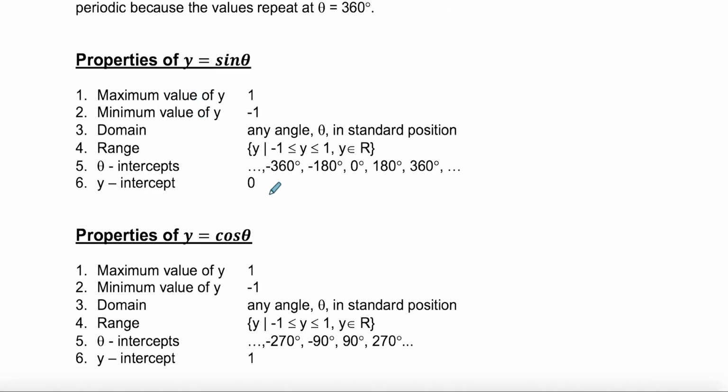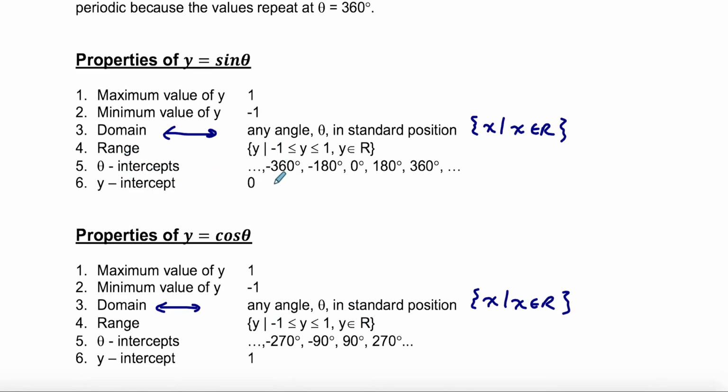The domain, because in both directions this function would continue on and on for both cosine theta and sine theta. We basically would have our domain and range, which you've kind of seen before: x such that x is an element of all real numbers. We could write our domain in set notation like that, like you've seen before for quadratics. The range for both, going vertically, we go down to -1 and up to +1 for both functions, sine and cosine.